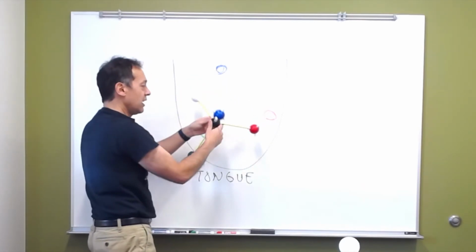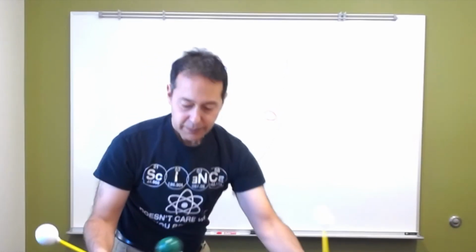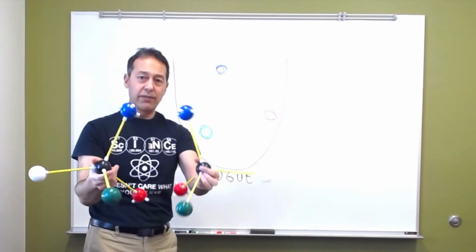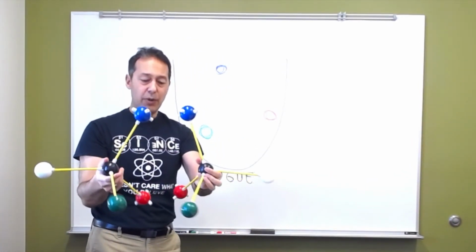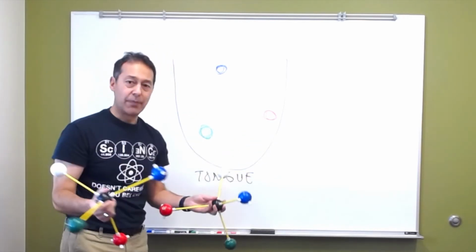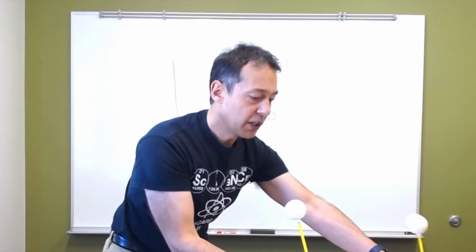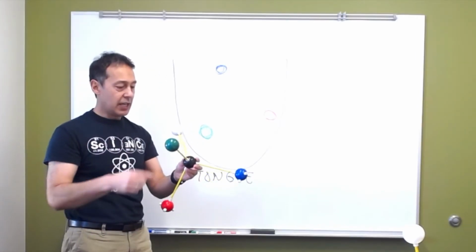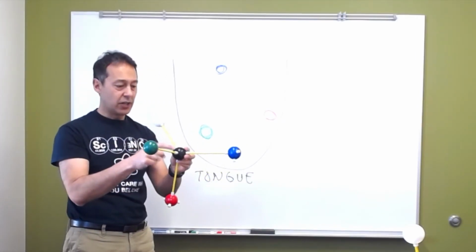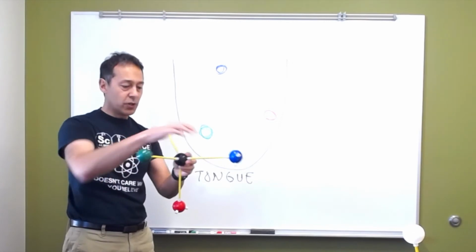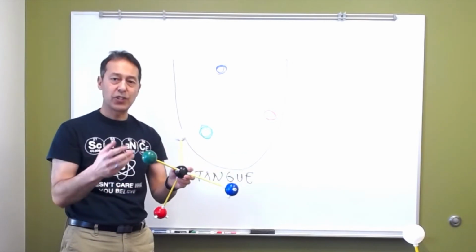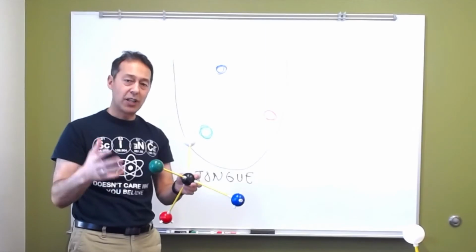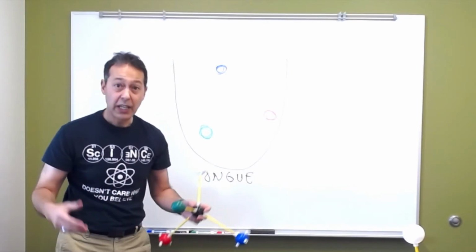And so even though these two molecules are mirror images of each other, they're not the same. And so we say that these molecules are chiral. Chiral means that you have a carbon atom in the center like this, and you have four unique things coming off of it. So this is how you can identify a molecule that could potentially be chiral.